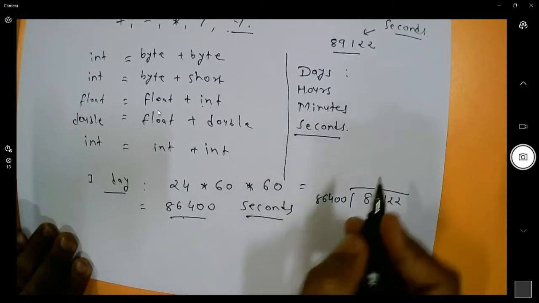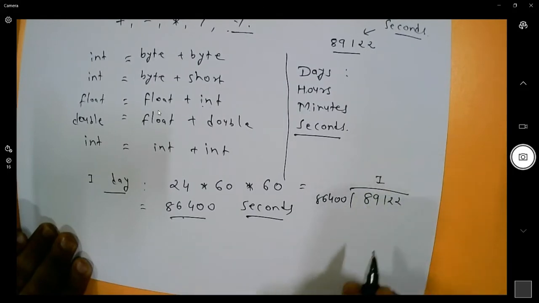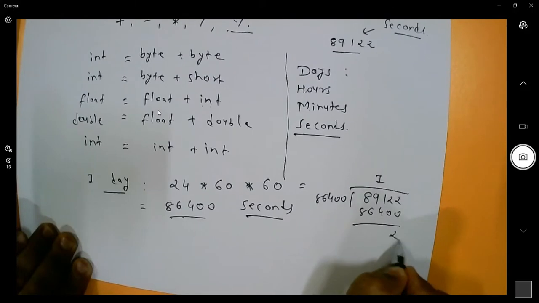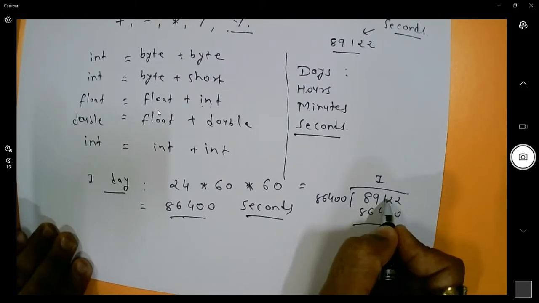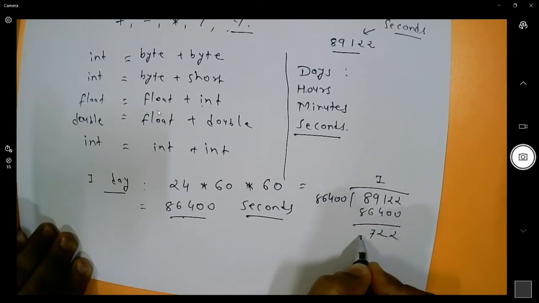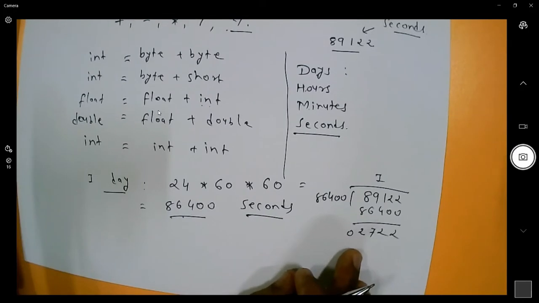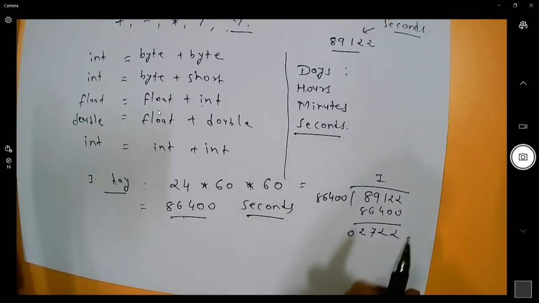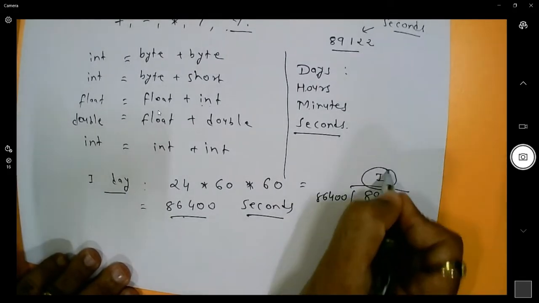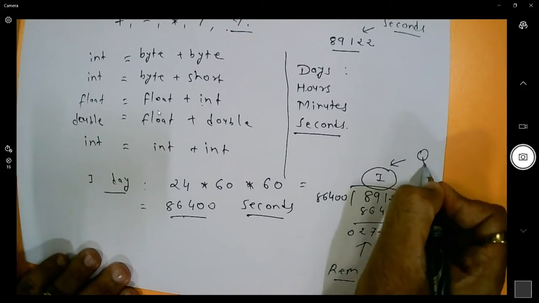Whenever you divide by 86,400 and multiply by 1, you will get 22. 10 plus 1, 11, minus 4, it will be 7, 8 minus 6, it will be 2. Then you will get the value 2,722. That is your remainder. And you can say this one is your quotient.